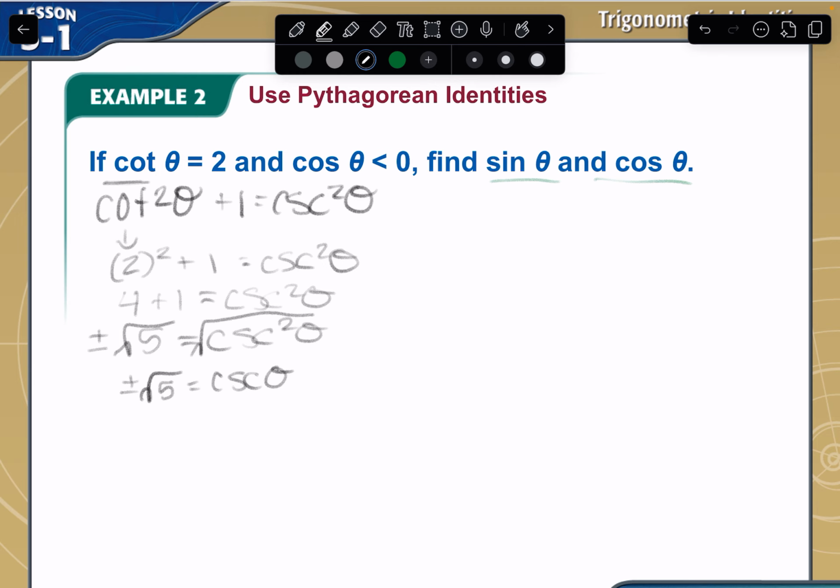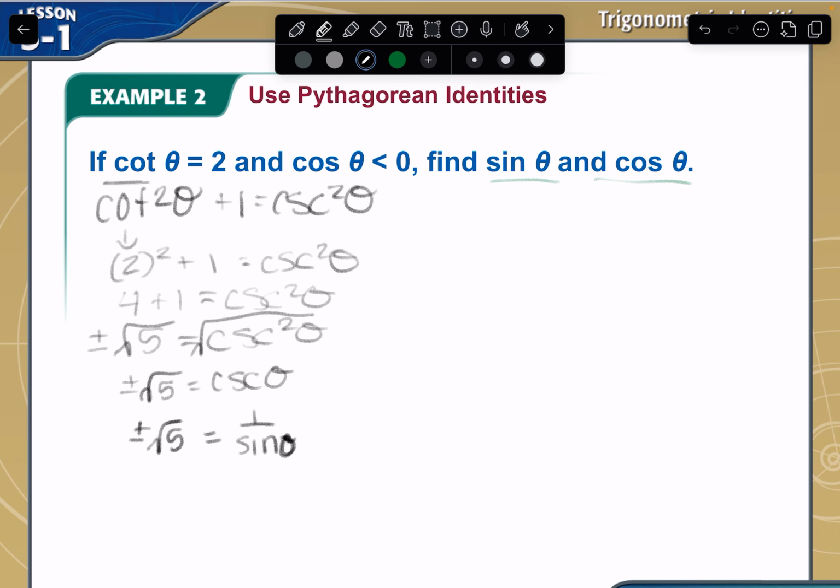One of the ways that you could do that is this: cosecant is the reciprocal of sine. So I can write this as plus or minus the square root of 5 is equal to 1 over sine theta. Ultimately, I'm trying to get sine by itself.